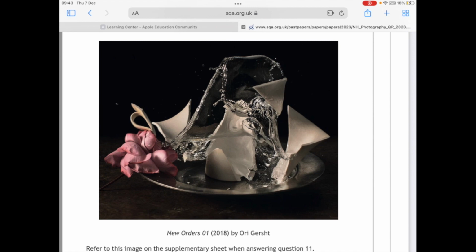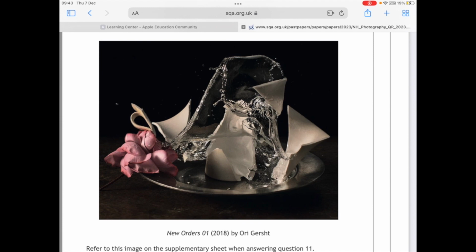Okay, now again, as I said before, you must refer to the photo. So it's really, really important. So an example answer: a fast shutter speed has been used to freeze the movement of the water or exploding mug. Now, I'm just going to be really specific here. If you're talking about fast shutter speed, we need to talk about freezing motion. Okay?